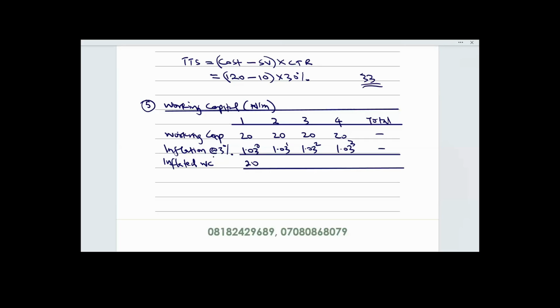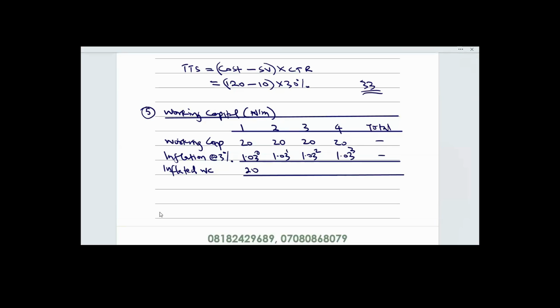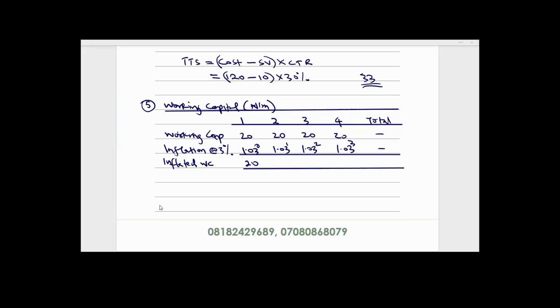Okay. So for the second one, I will say 1.03 raised to power 1, which is, of course, 1.03, multiplied by 20. That is 20.6. You can see now it has changed, 20.6. I will then go to year 3: 1.03 raised to power 2, then multiply by 20.